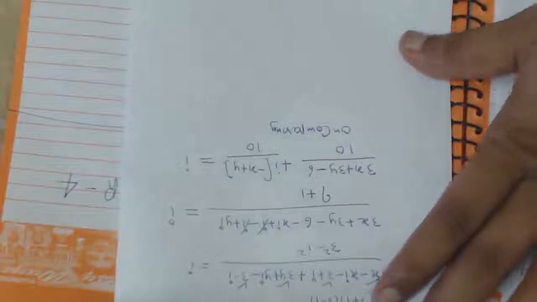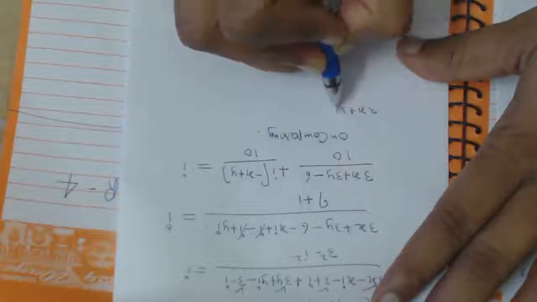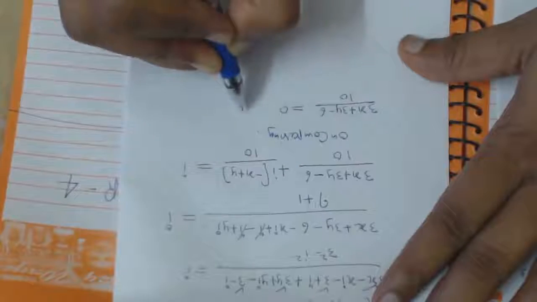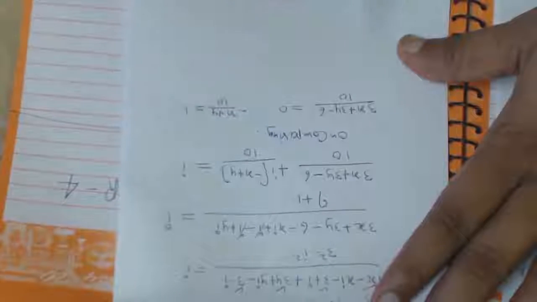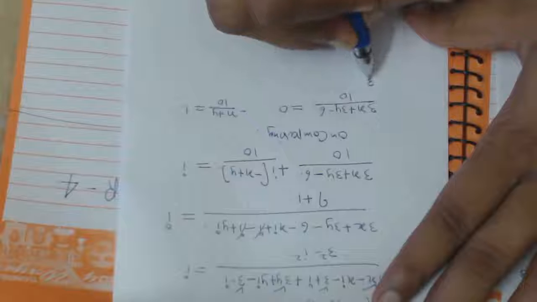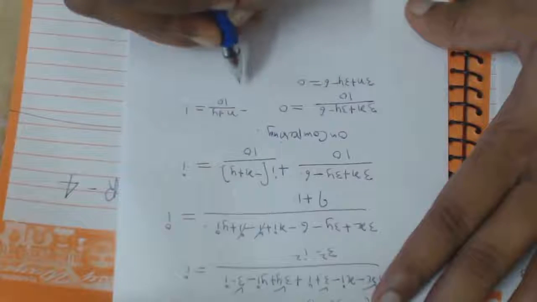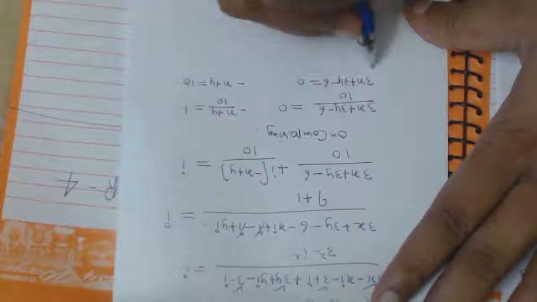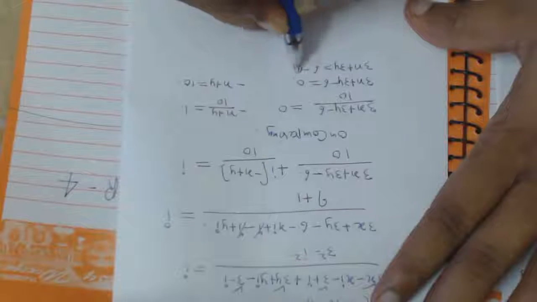So when we compare, we always compare the real and imaginary parts. This 3x plus 3y minus 6 upon 10 is 0. This minus x plus y over 10 is 1. Okay, this is 3x plus 3y minus 6 is equal to 0. This minus x plus y is equal to 10. This 3x plus 3y is equal to 6, equation number 1.